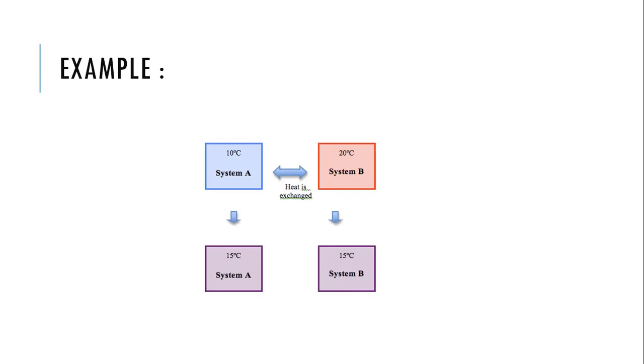So how is that thermal equilibrium contact maintained? Earlier B showed 20 degrees Celsius. When some amount of heat is lost from B to A, it has reached from 20 to 15 degrees Celsius, which is within the control of room temperature. System B maintains its thermal equilibrium. Same with system A: earlier it was 10 degrees Celsius, a very low temperature.